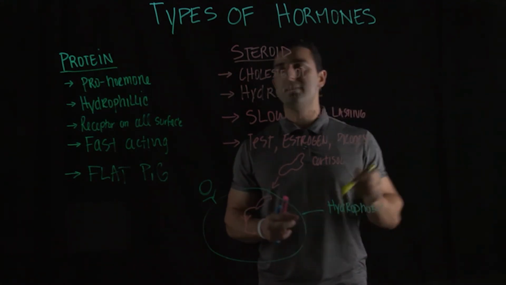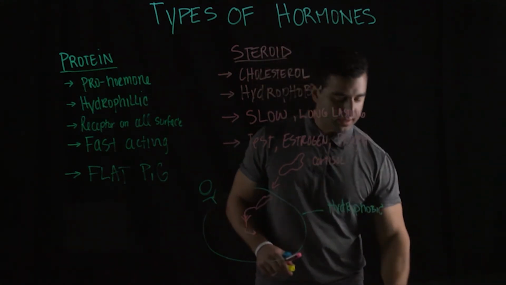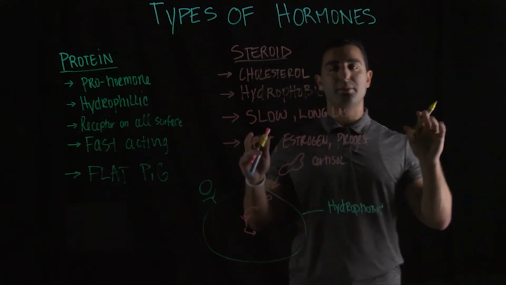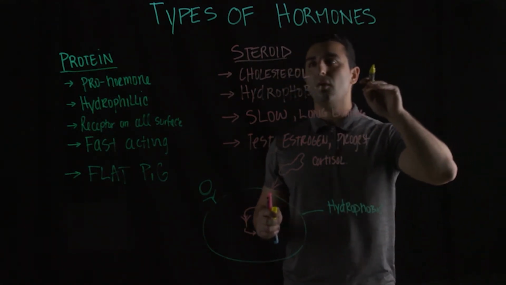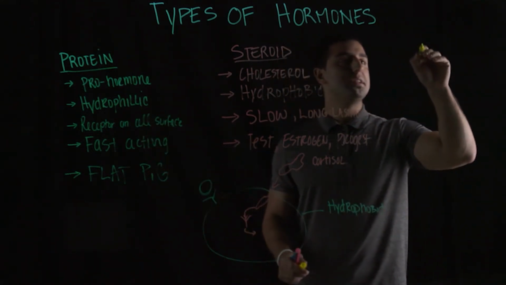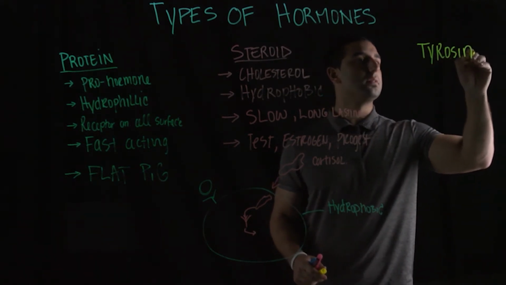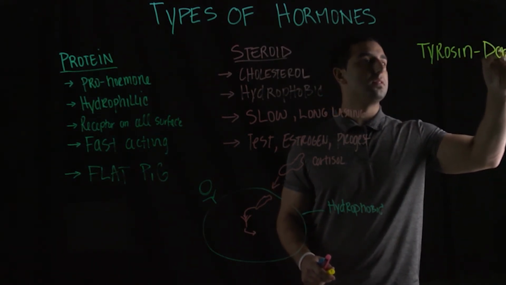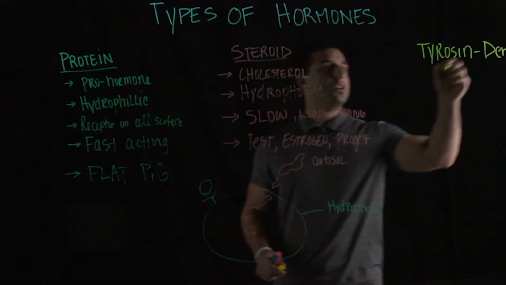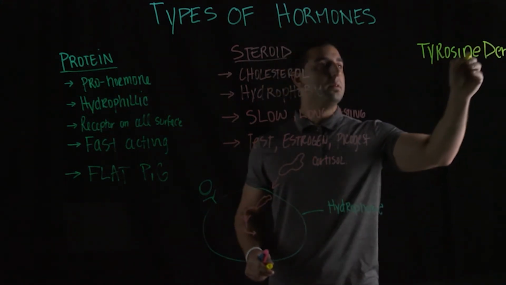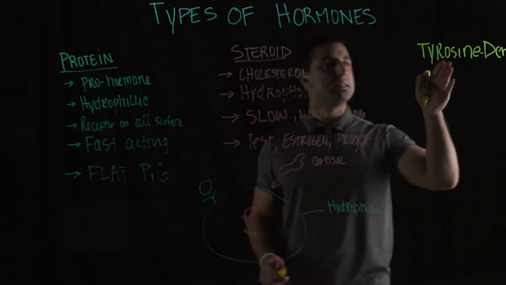All right. And the final type, this is sort of a hybrid, quote-unquote, type of hormone, which is called the tyrosine-derived hormones. Okay? So they all come from this amino acid.